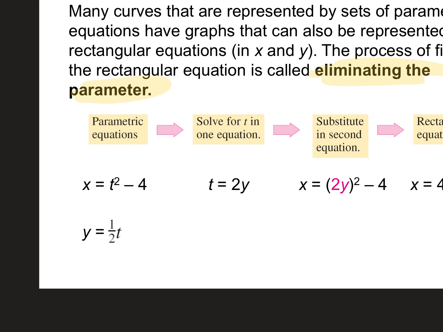They divided by the 1/2. Okay, multiply both sides by 2. Do you see how they took this equation right here? And they solved for what letter? For Y. Well, it's already solved for Y, so they solved it for T. They got here.